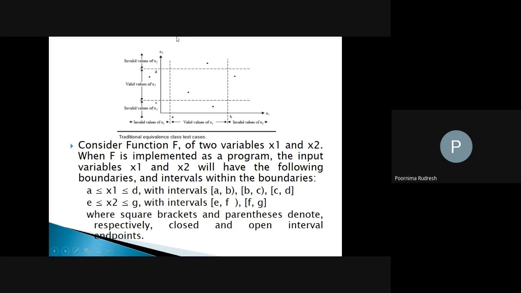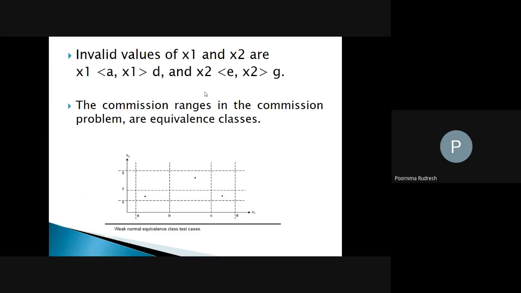So within the range we consider them valid values, and outside the range we consider them invalid values. So the invalid values of x1 and x2 are: for x1, x1 less than a or greater than d, and for x2, x2 less than e or greater than g. Then we will have the invalid values.